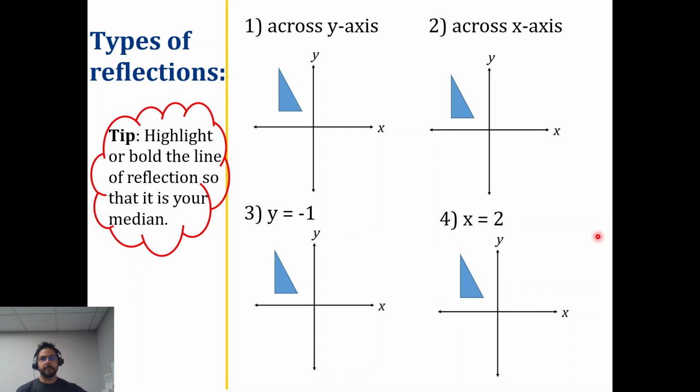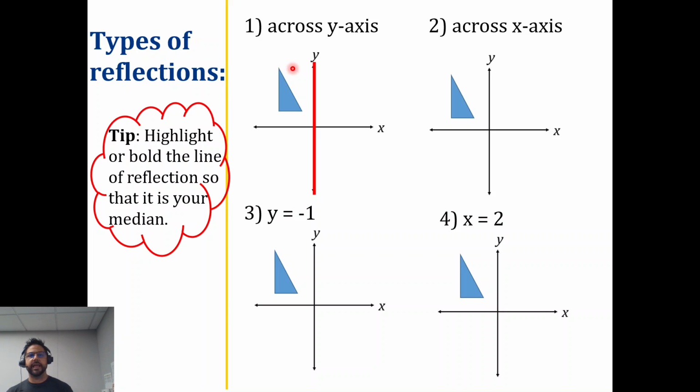For my y-axis, with my highlighter, I would literally highlight the y-axis. And then we would count to see how many boxes we are from the pre-image to the highlighter, and then we would reflect that on the other side. For example, each point is going to have a letter.